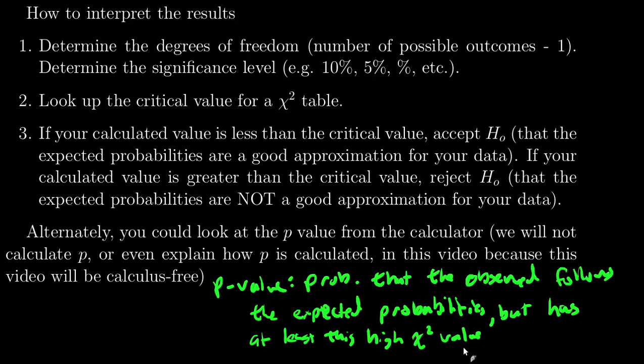So I'm not going to calculate this here. It deals with an integral on the PDF for something that's a gamma distribution.